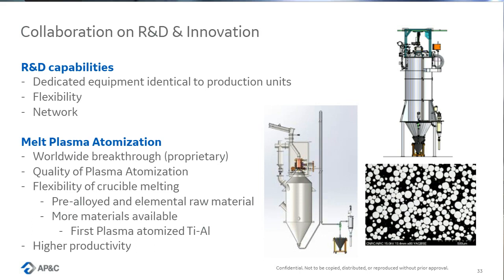One example is the titanium aluminide that AP&C is now producing and qualifying with our partners. It's the first plasma atomized titanium aluminide powder and has had great success. Obviously, plasma melt atomization will bring higher productivity, so that's going to come in the future to continue to improve our collaboration with our customers.